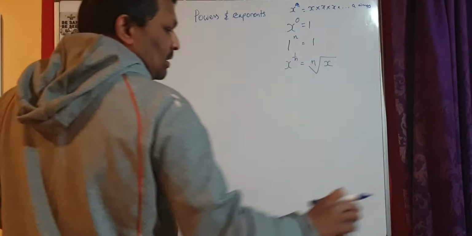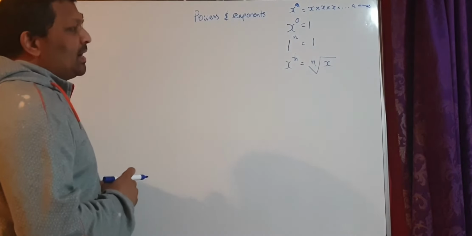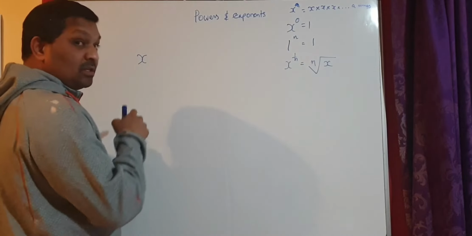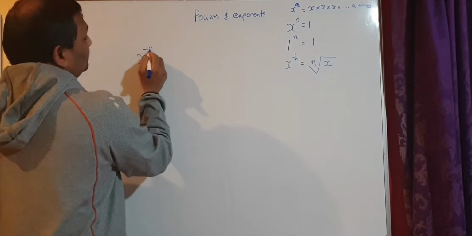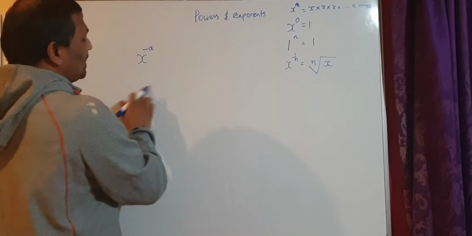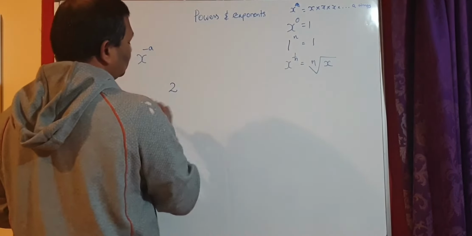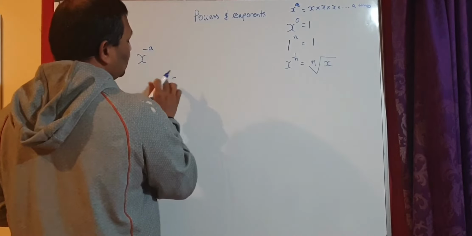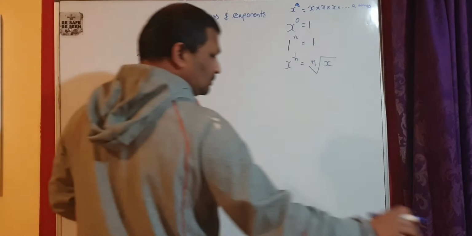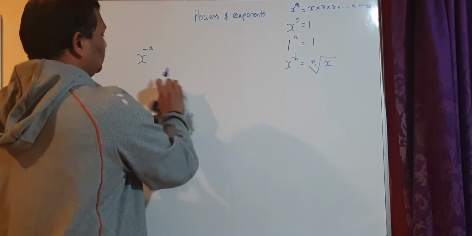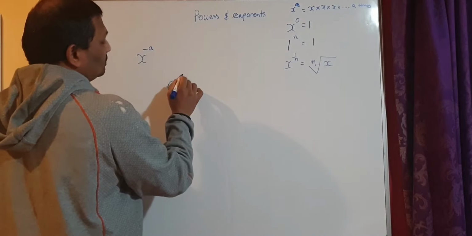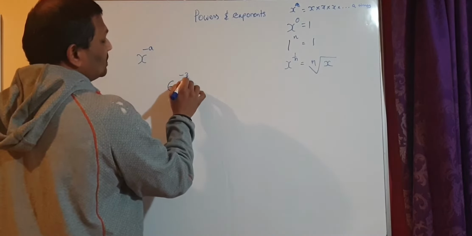Now, another important identity is, for example, if a number x is raised to the power of minus a, how do we calculate such numbers? I take an example, 64 to the power of minus 3.